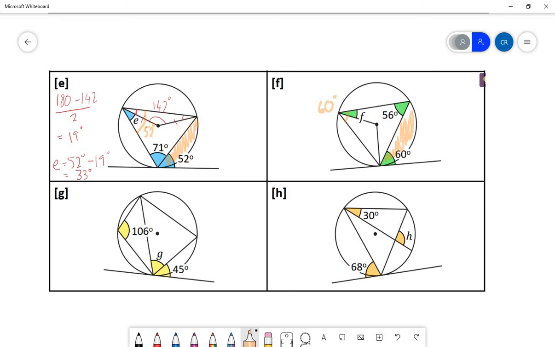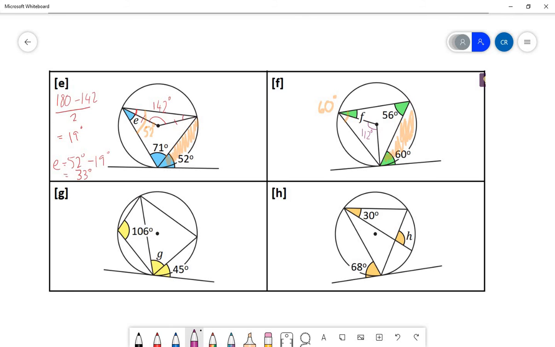So that includes the F. Right, now again, we've got a centre marked and we've got an edge marked. So let's see what we can do there. So the angle at the centre is going to be double of the angle at the edge. So we're going to have 112 degrees.